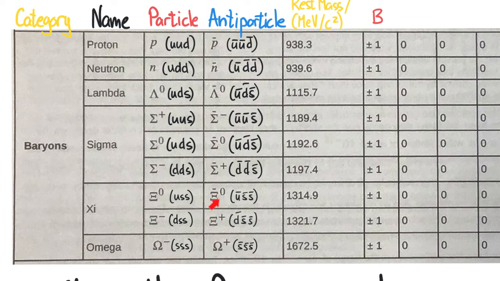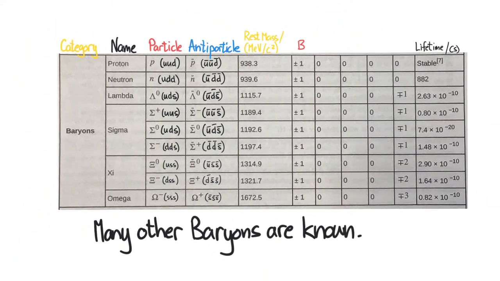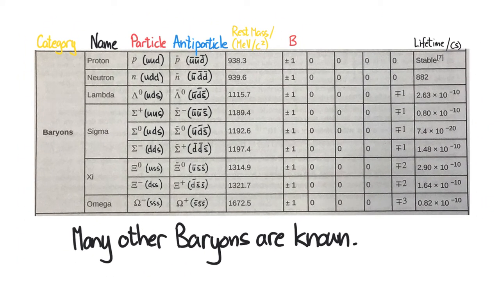The antiparticle, the anti-chi 0, is anti-up quark and 2 anti-strange quarks. And then we have the omega baryon, and here too we see once again that the antiparticle has opposite charge, and also the quarks are antiquarks. So these are the baryons that we will deal with in this course.